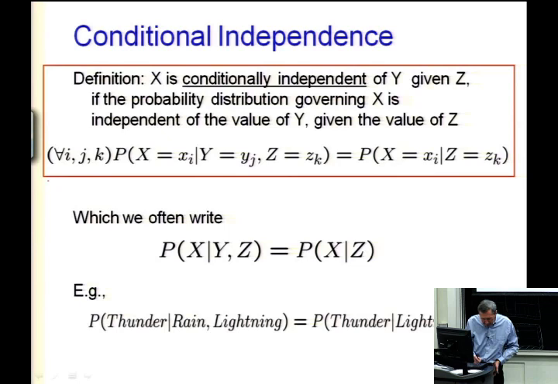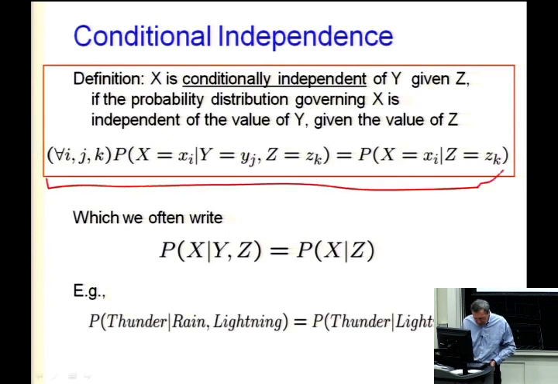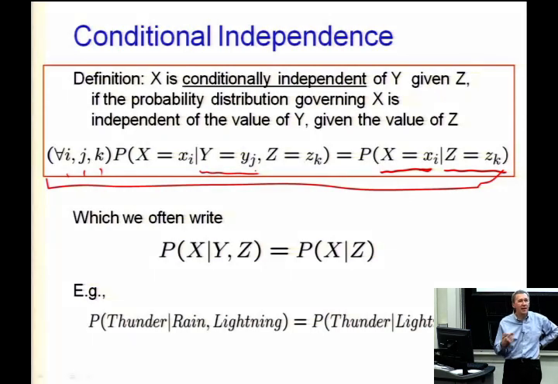Or put more formally, for all the values that x, y, and z can take on, the probability that x takes on a particular value, given that y and z take on particular values, just doesn't depend on y. In other words, once we know z, if we're interested in the probability of x taking on any particular value, it doesn't really help us to know y also. It's not going to change the probability.